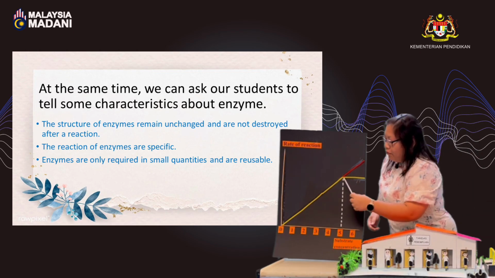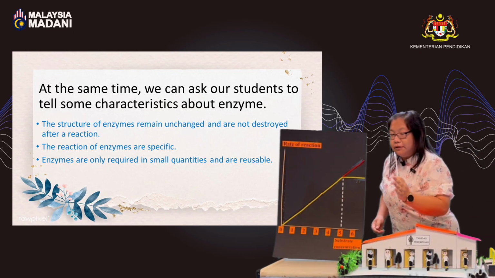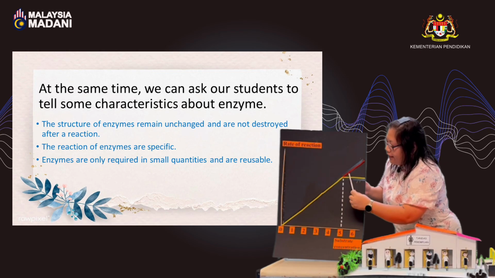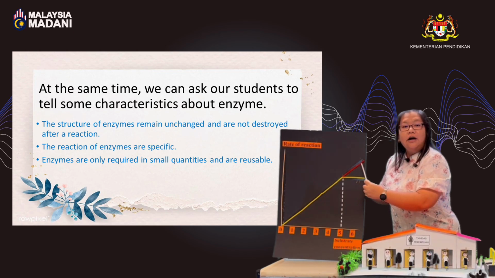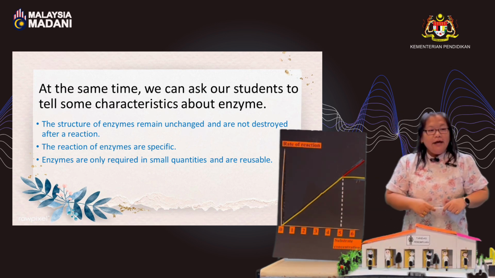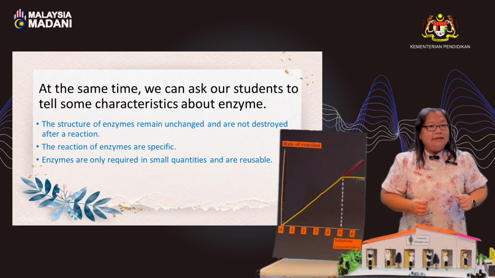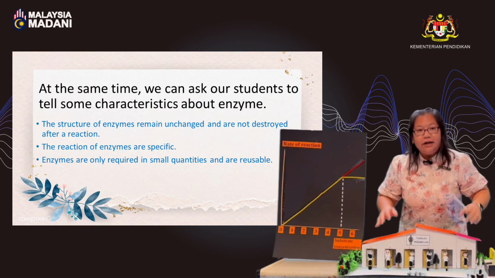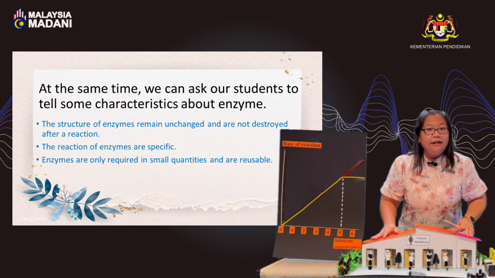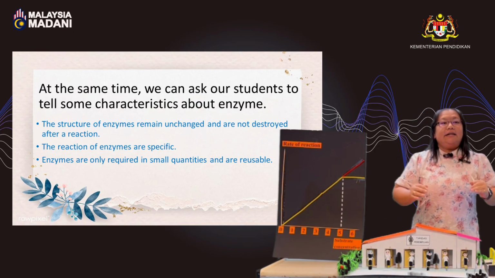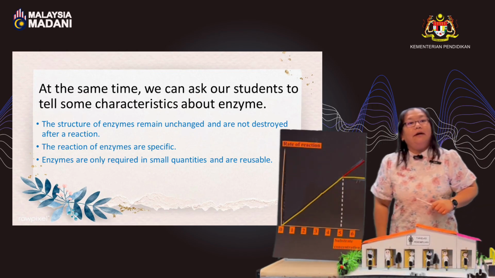When more students enter the toilet, the rate of the enzymatic reaction also increases. From here, the student will understand that the enzyme concentration, the number of toilets, is the limiting factor that determines the rate of the enzymatic reaction.